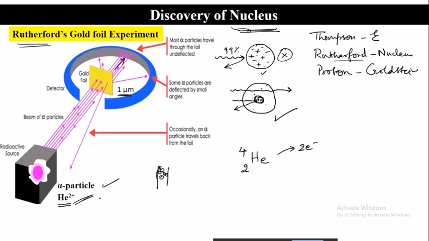Sir, but helium is a noble gas, no? Yes, it is a noble gas. Sir, then how can it lose electrons? So this one is in a radioactive experiment. When we say alpha rays, for any removal, for example, of an electron, there is a requirement of energy.